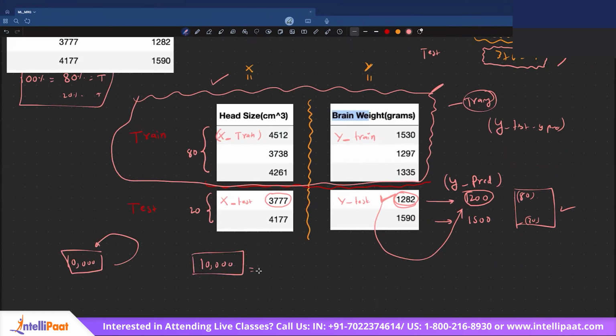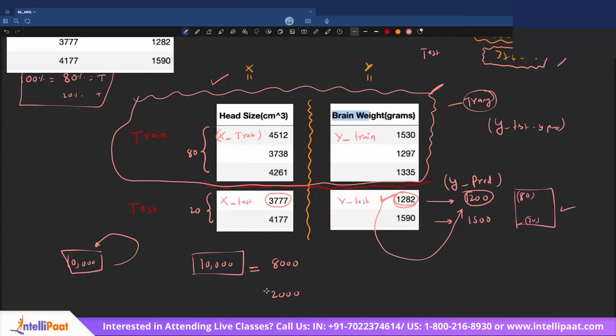How many data points do I have? 10,000. What is 80% of 10,000? Is it 8,000? And what is 20% of 10,000? 2,000? Now tell me, is my model good or bad?